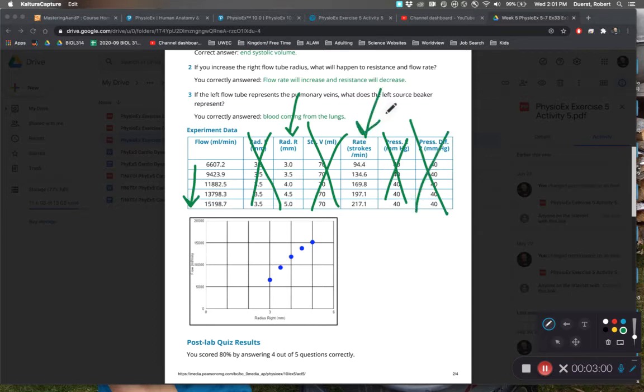So we had 3 columns that were changing: the radius of the aorta, or the vessel leaving the heart; the stroke rate, or the heart rate; and the blood flow out of the heart in milliliters per minute. As we increased the radius, the heart rate also went up, and the flow rate went up. What we find is that the graph has a positive slope, or a direct relationship. As radius increased, flow rate increased.